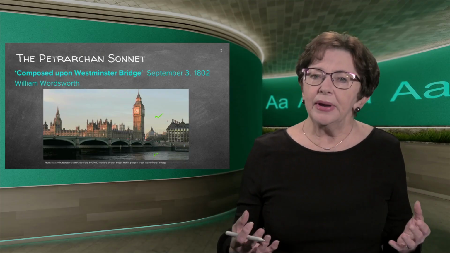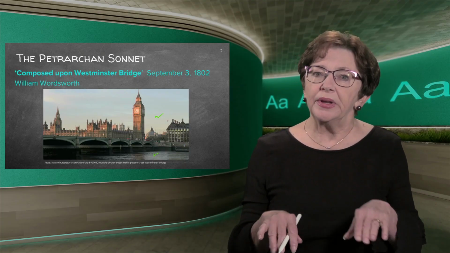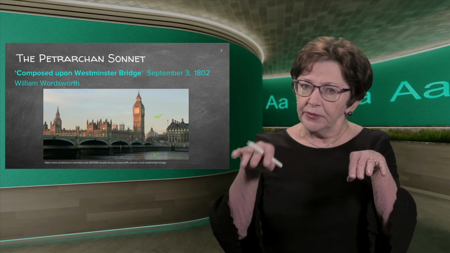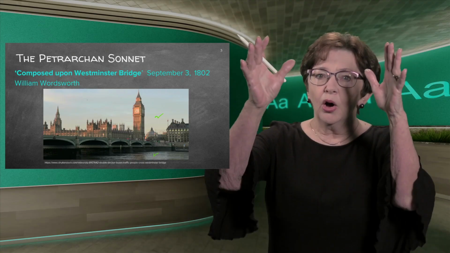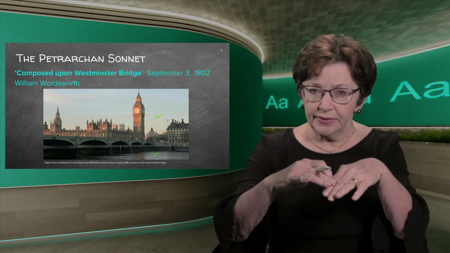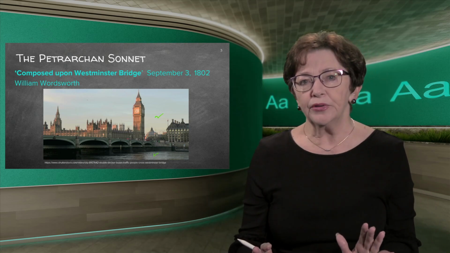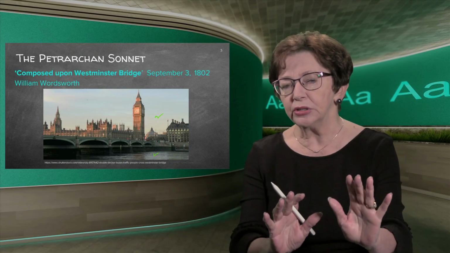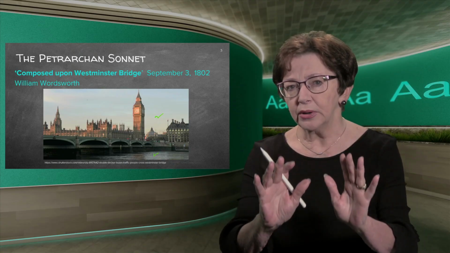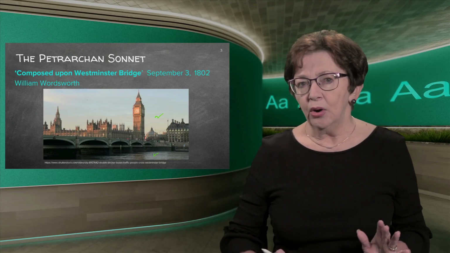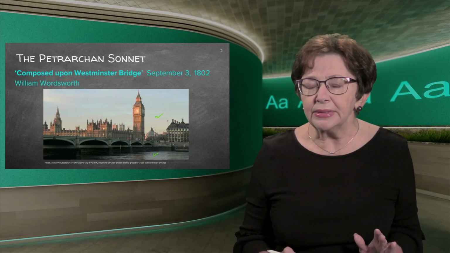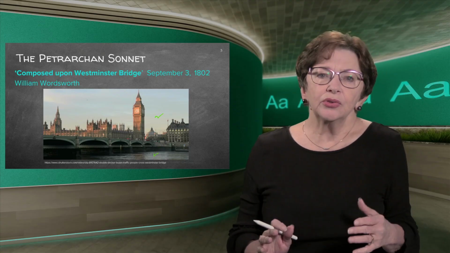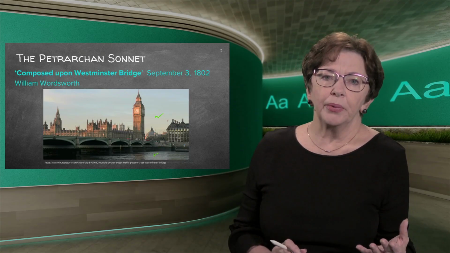So very apt here then will be that there's this volta after the description of what he has observed, and then there's the volta, and after the description then a reflection upon what he has observed. Now, once you remember that, already you're going to understand half of the poem, right?